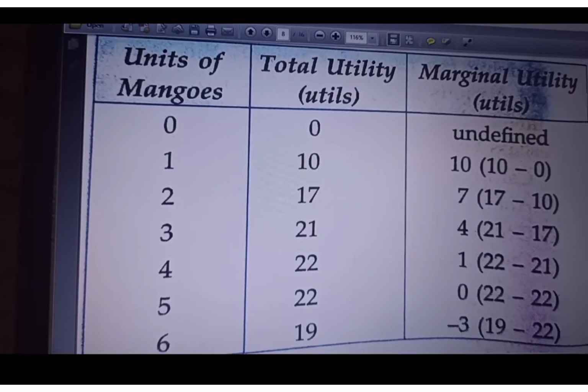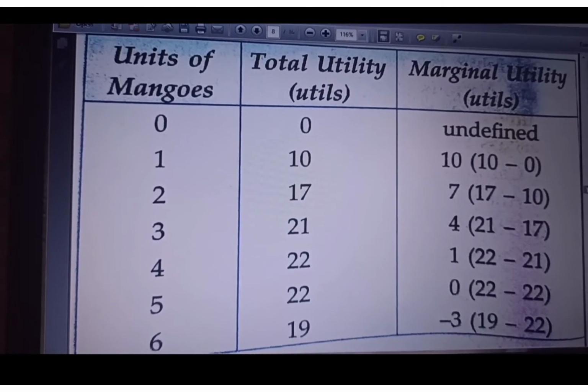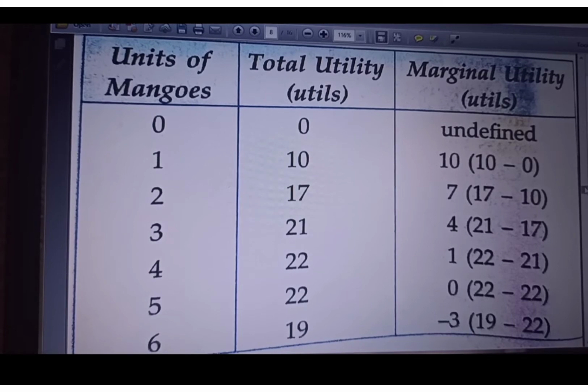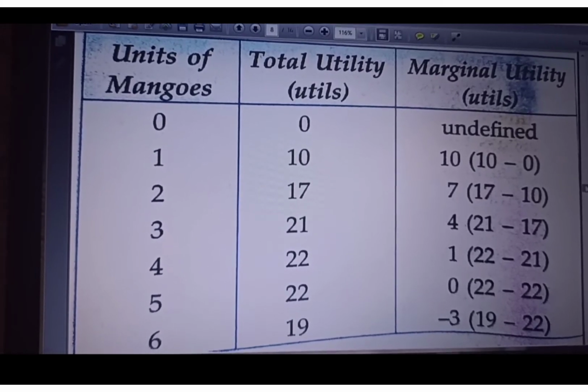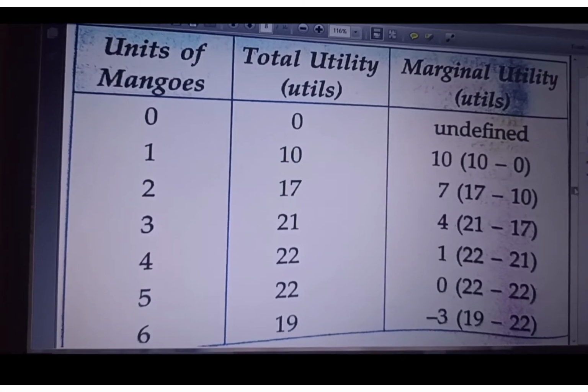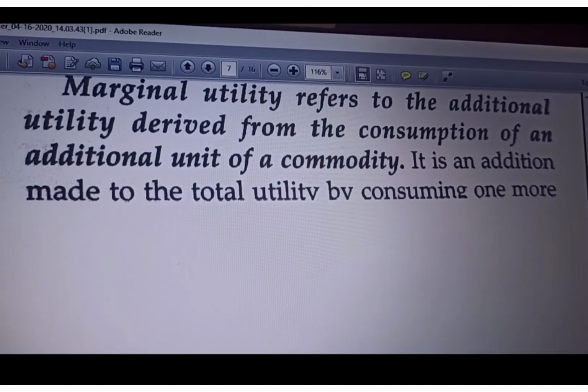We'll discuss this in detail afterwards, but here you have to understand only that total utility for a consumer is the sum total of the units he is consuming, and from that he is getting satisfaction in terms of rupees. So now we are going to discuss marginal utility.